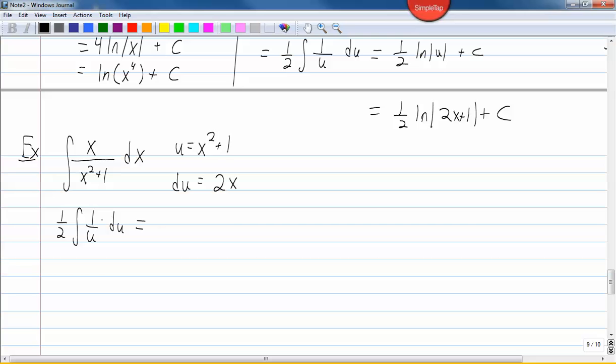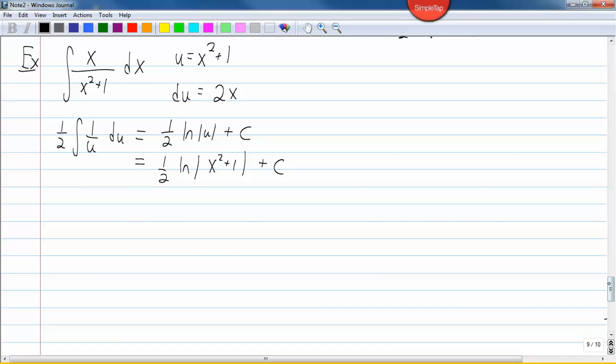So if it's in the form 1 over u du, that is a natural log integral. So this is 1/2 times the natural log absolute value of u plus c, or 1/2 times the natural log of x squared plus 1 plus c. So that is a natural log integral.